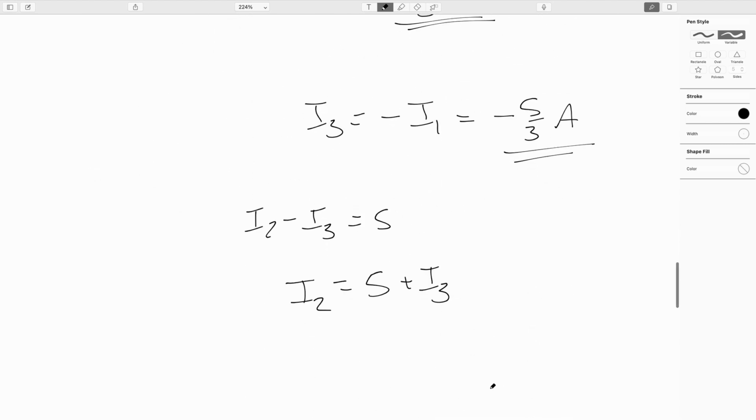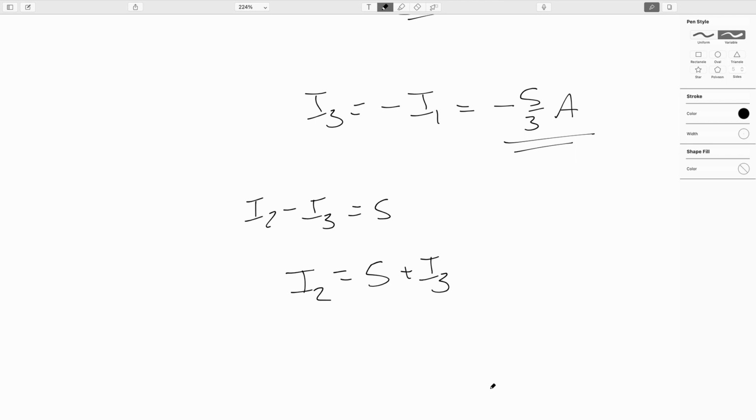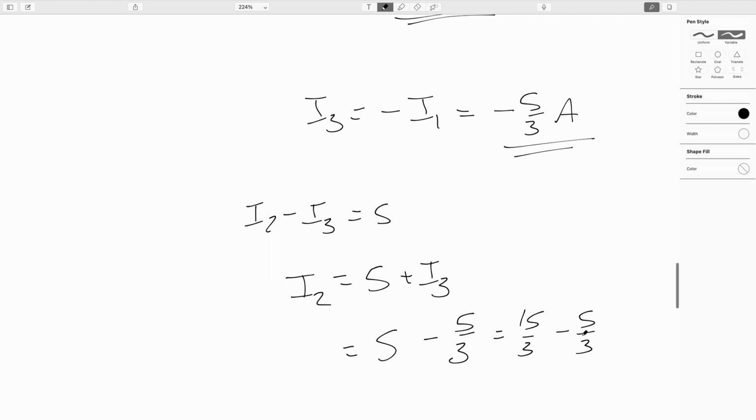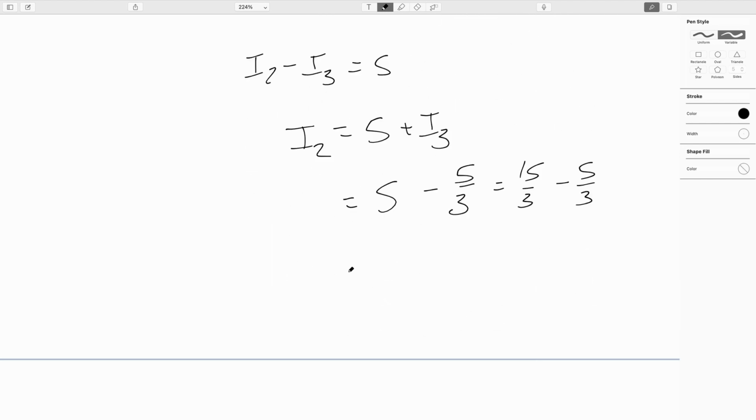So now we will put that in. So this will be 5 minus 5/3. So that's 15/3 minus 5/3, which is plus 10/3 of an amp. So that means that we did guess the direction of I2 correctly.